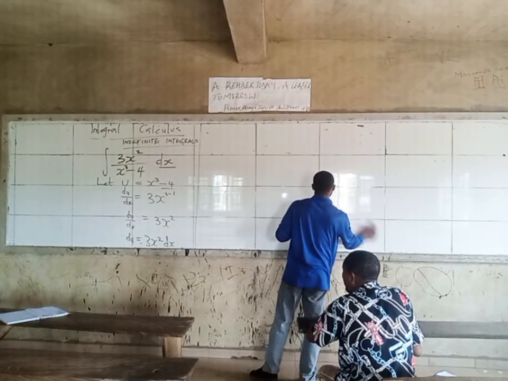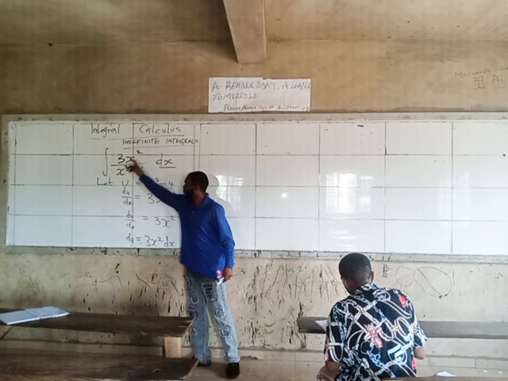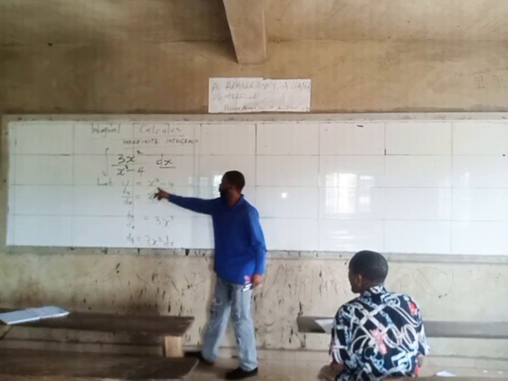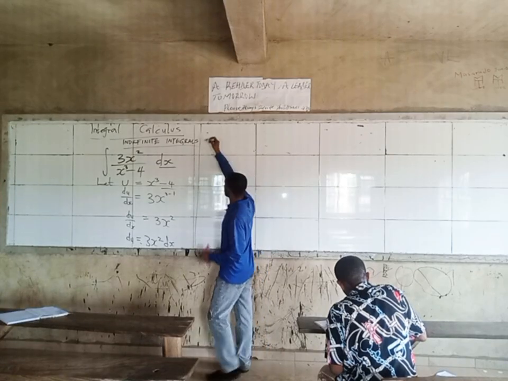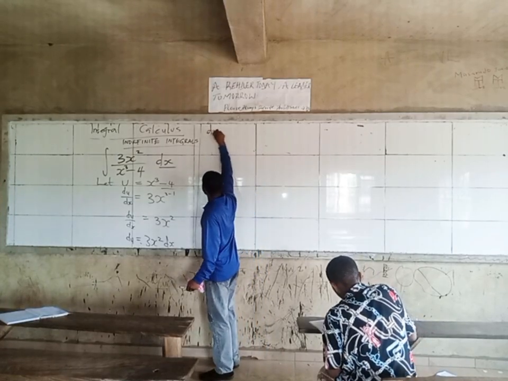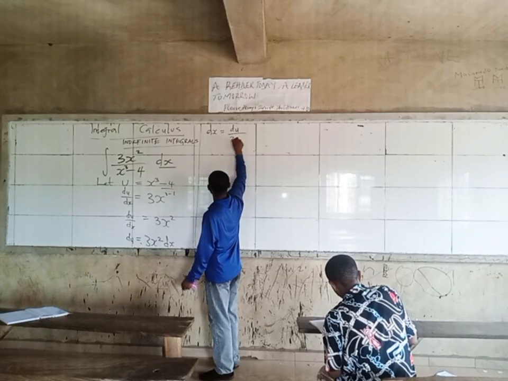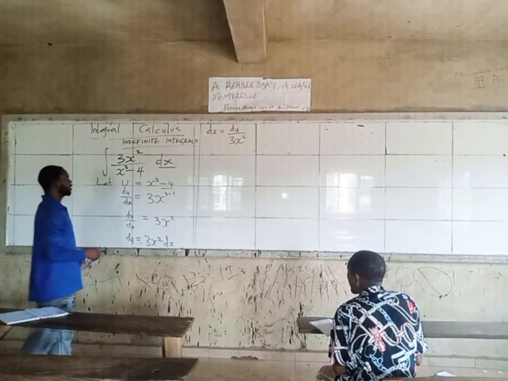This pattern we are using works when one power is greater than the other. The one with the bigger power is what you make u. So dx will simply be du over 3x squared. So I've been able to get dx.